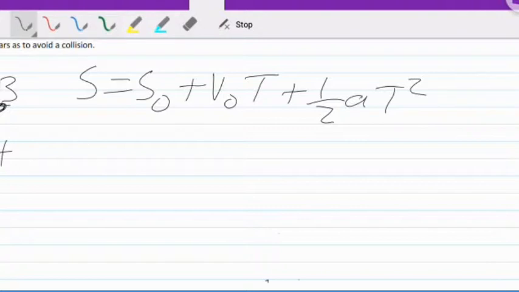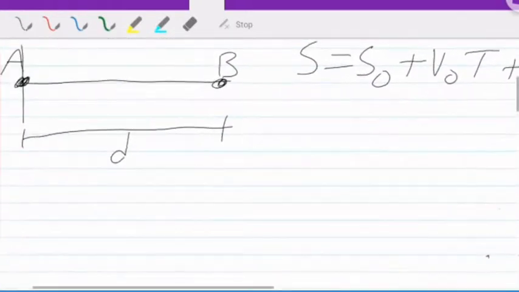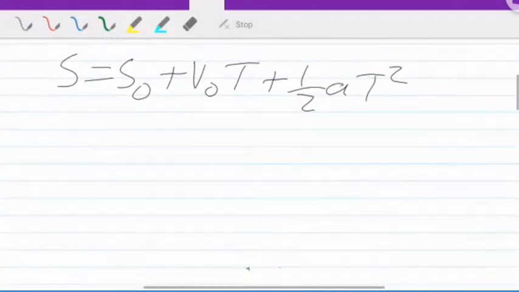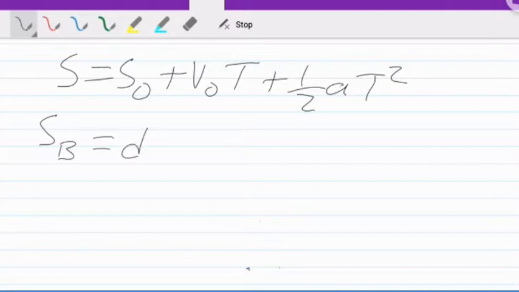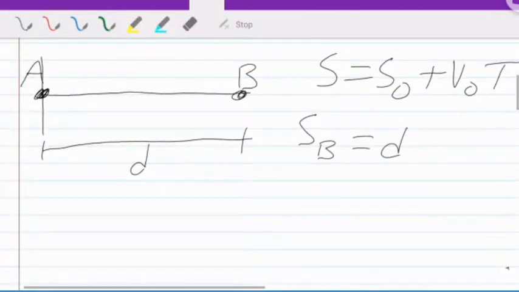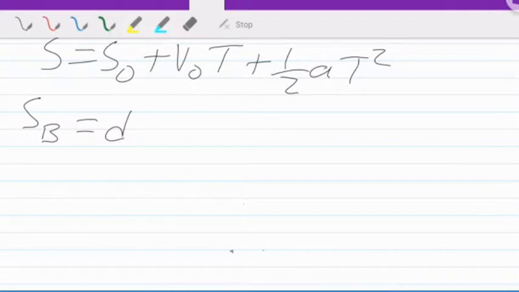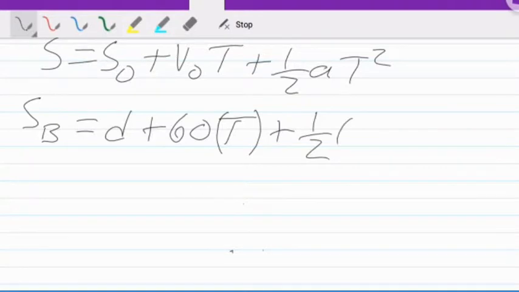If we want to do it in terms of B, the displacement of B is equal to the distance d, because his initial displacement is d away from A, plus his initial velocity, which is 60 feet per second, multiplied by the time, added to 1/2 multiplied by the acceleration multiplied by the time squared.